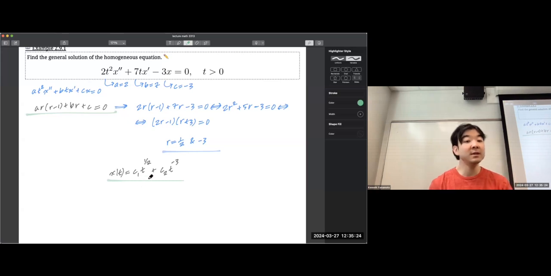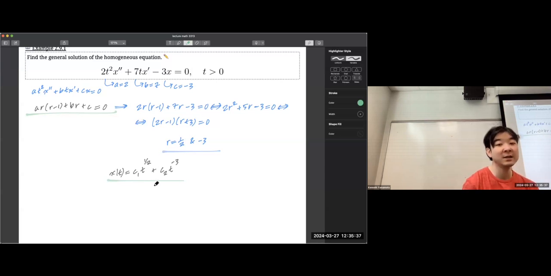You want to write C1 and C2 for the general solution because you're trying to capture all the possible family of solutions. And so if you drop the C1 and C2, it looks like you got one of them, where you've got t to the half and t to the -3. But this would work, this is the general solution in the sense that you could plug in anything for C1 and C2.